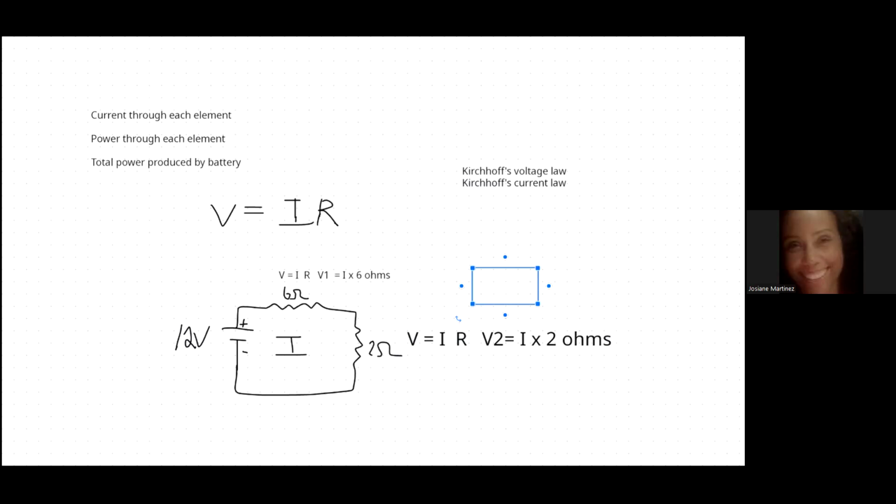Actually, I'll use the X for multiplication here because we're not using X anywhere else. Now, if you agree with me, what we can see is I is going to be equal for this whole circuit, right? It's one loop. Can't have different currents. We talked about that earlier on. We have to have the same current through a loop.